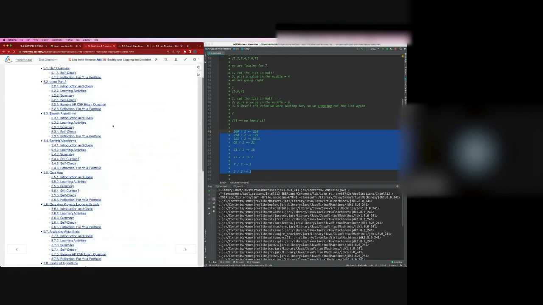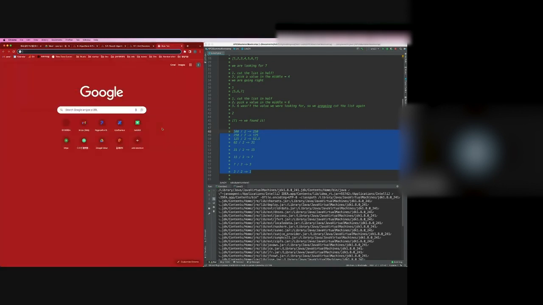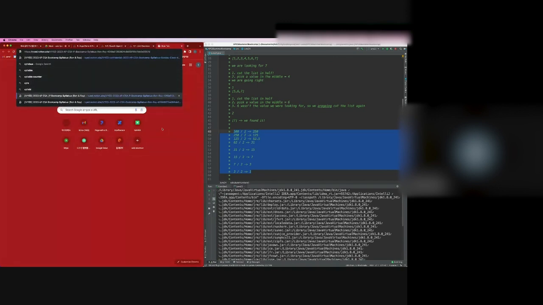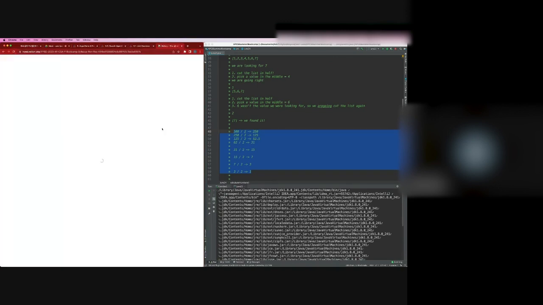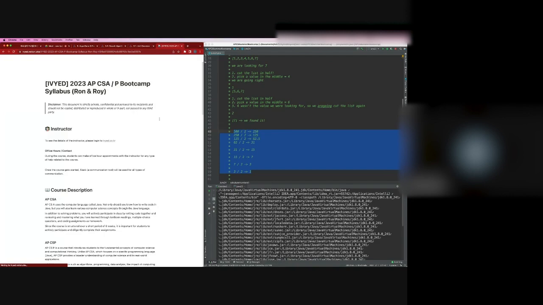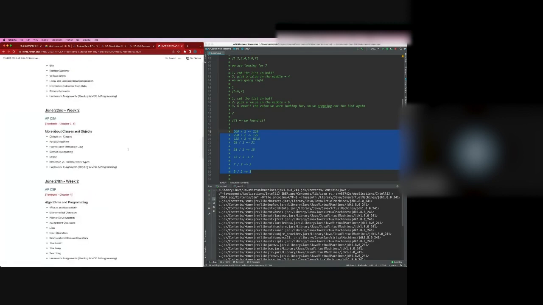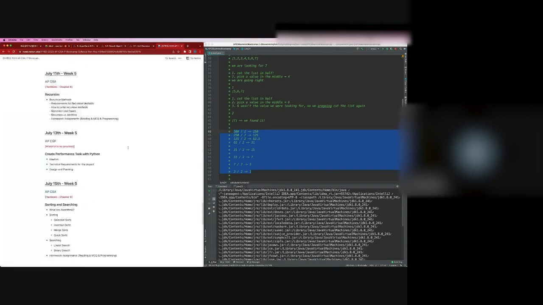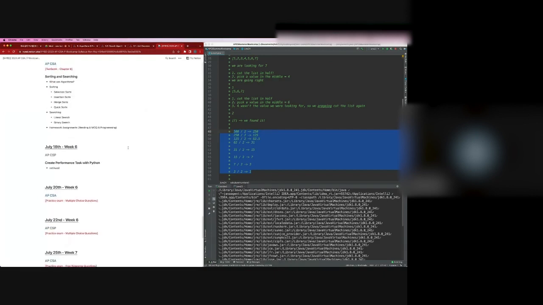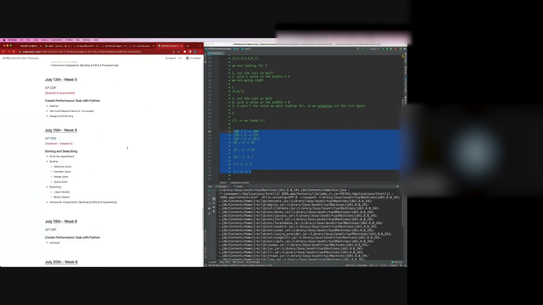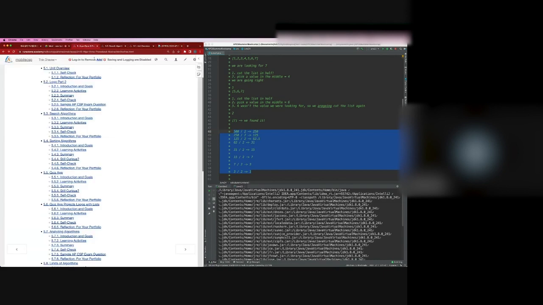In Java, at some point we're also going to talk about sorting, so let's hold it for Java.